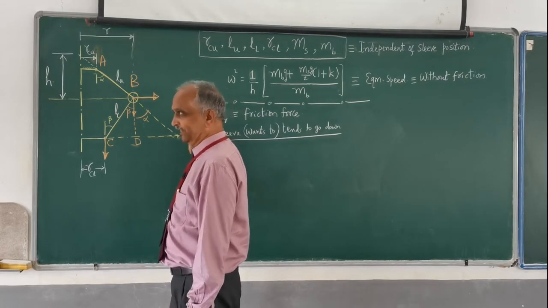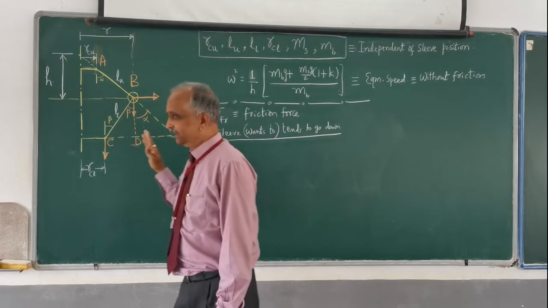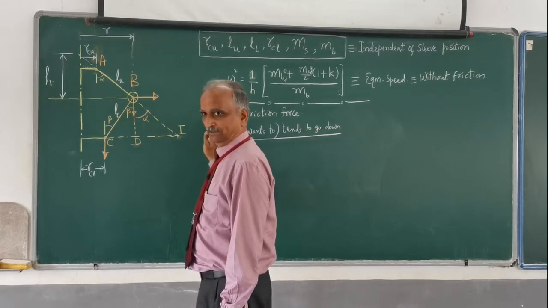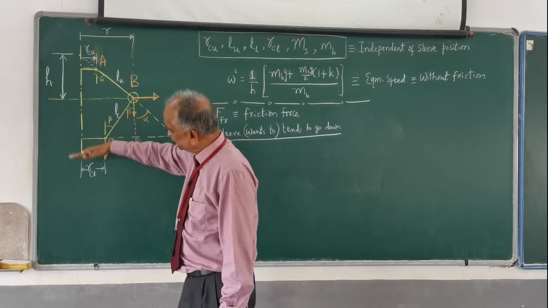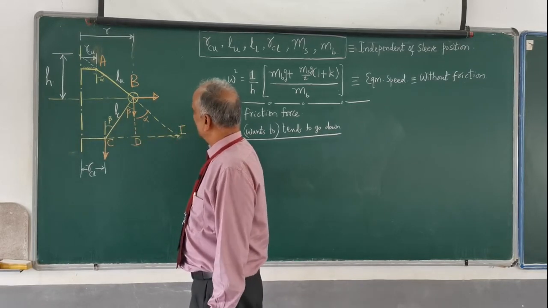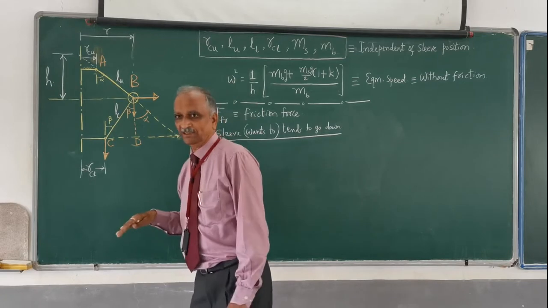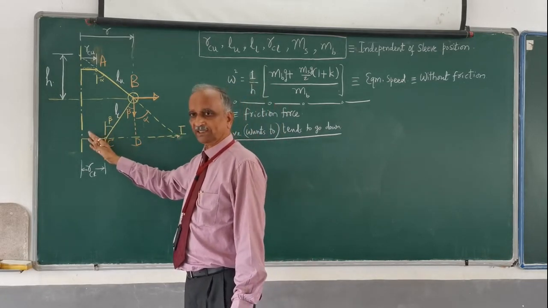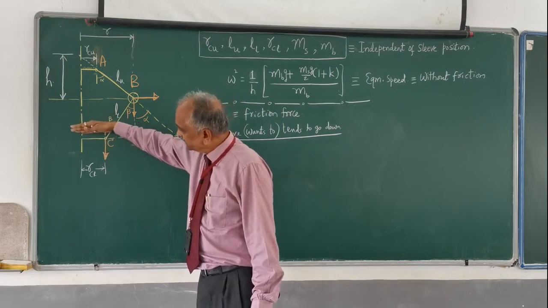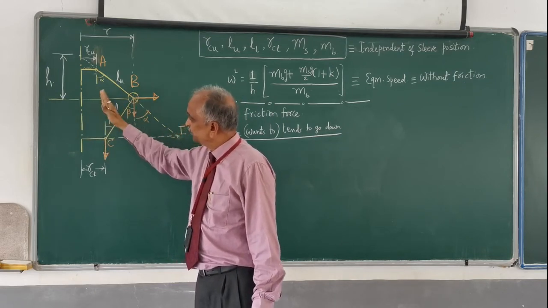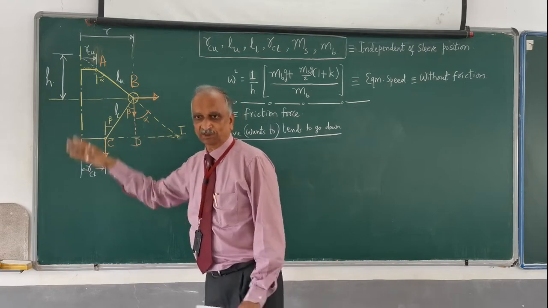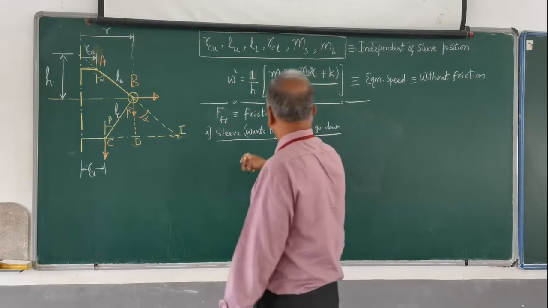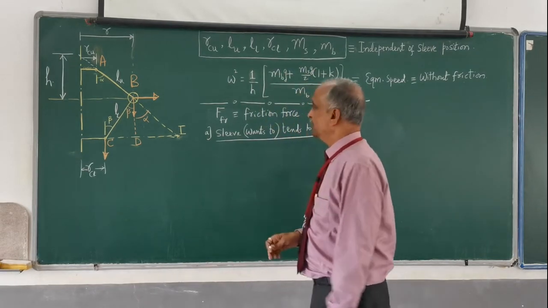Why does the sleeve tend to go down? Because the load has decreased, and therefore the speed has increased. When the load has increased, the speed has decreased. Here the speed has increased. When the speed goes down, the balls tend to move inwards and the sleeve comes downwards. The sleeve wants to come downwards.